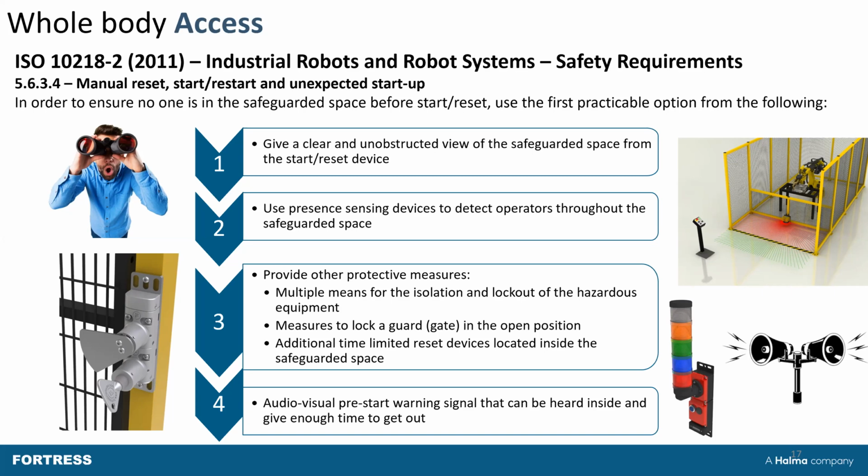And then the next option, kind of broadest, if you can't definitely make sure that there's no one in there visually, either with eyes or with presence sensing, the next option is to use other protective measures, which usually looks like either a safety key, so measures to lock a guard or gate in the open position, or interlock blocking.